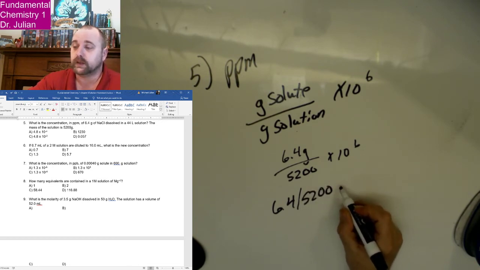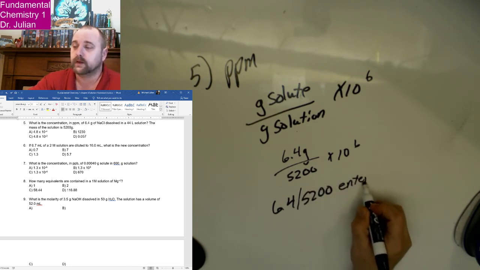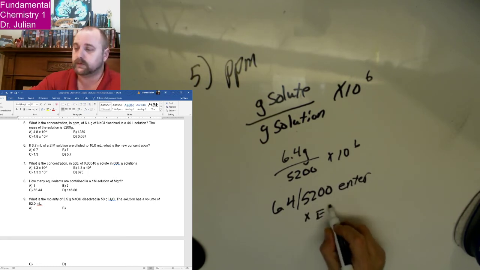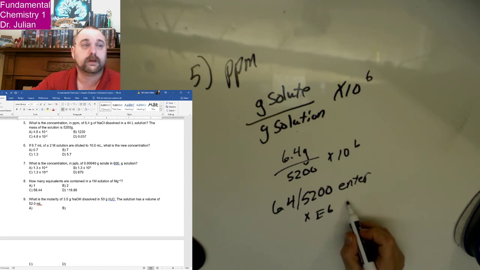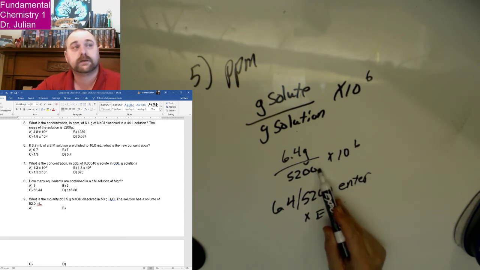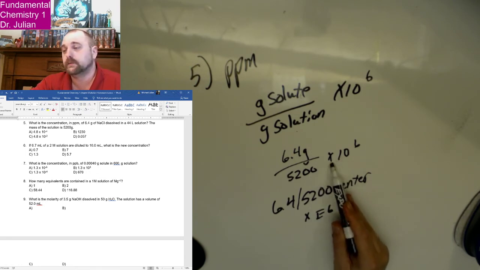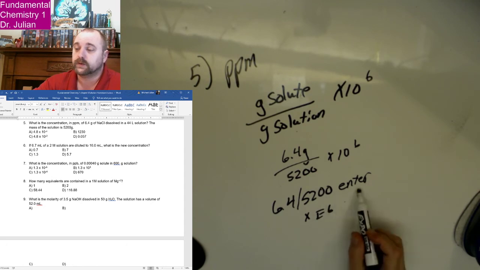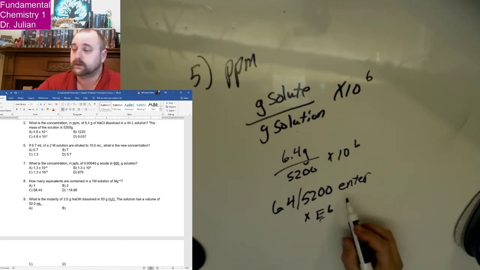Now don't just put E. So what I did is I hit enter and then I said times E6. A lot of people make the mistake, they put this E down here. You need this to be up top. So you can either put the multiplication sign or you can just hit enter and then do it. That's what I like to do.